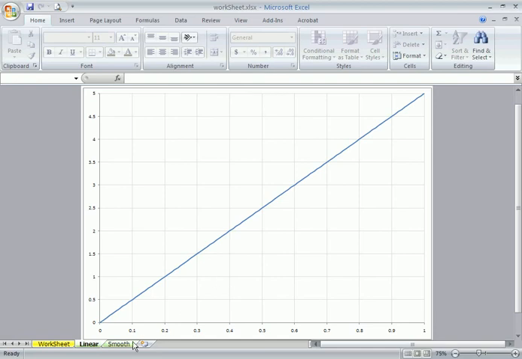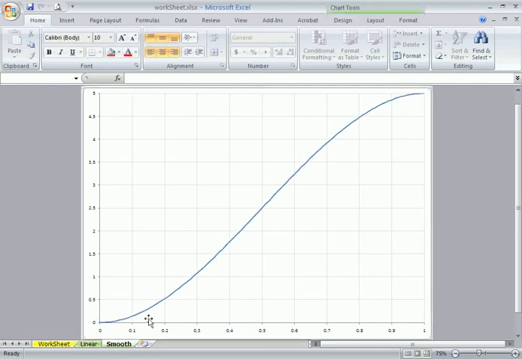In this VMK, I'll be showing smooth interpolation, which is shown here. We get a nice smooth transition from our initial starting point all the way up to our ending point. So again, we're starting at 0, 0, 0 for the x, 0 for the y. We're still going to 1, 0, so at x equals 1, we're going to end up at 5.